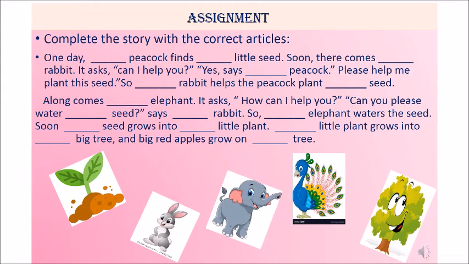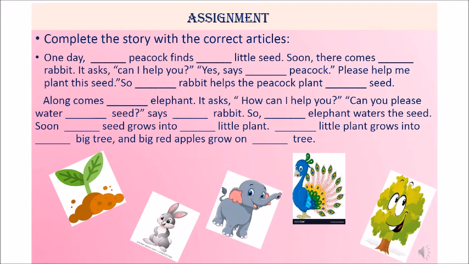What is the role of articles? Where do you add a and the, before consonants or before vowels? And in my previous slide, we have done a practice sheet also with all the answers. So now this assignment you are going to do on your own, and you can take the help of the previously recorded slides. Okay, now I am going to read this for you so that you can understand better.